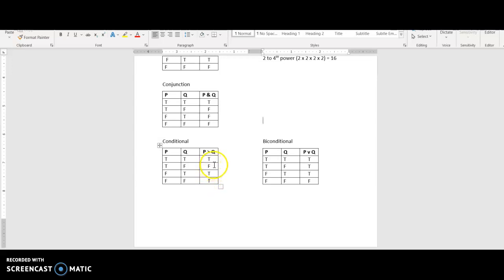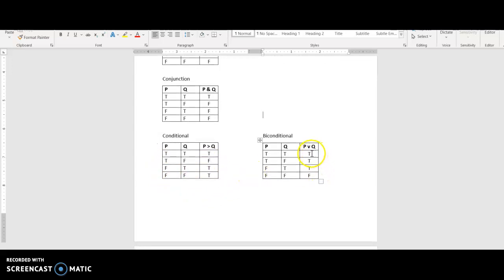But for now, the thing to know is that the conditional only comes out false on one line, namely if the antecedent's true and the consequent false. Otherwise, it comes out true. And this is one of the most common mistakes students make in logic, is they think if the antecedent's false, the conditional's false. But remember, false antecedent means true conditional.